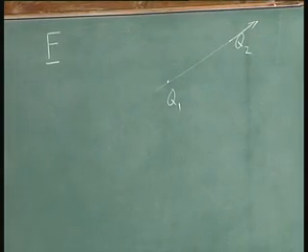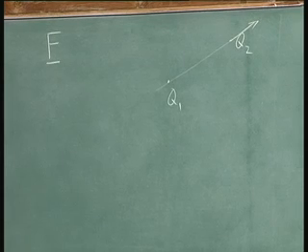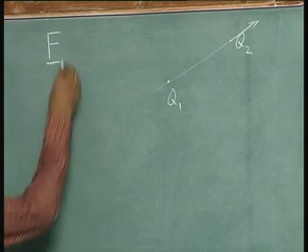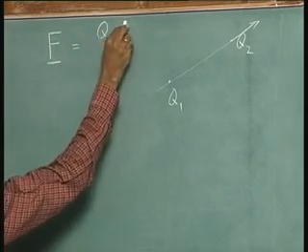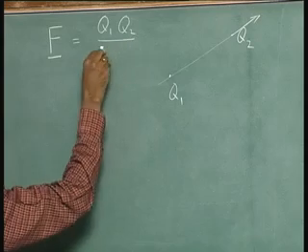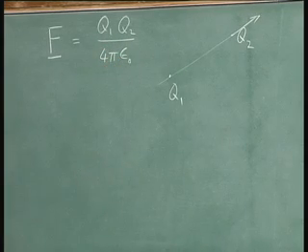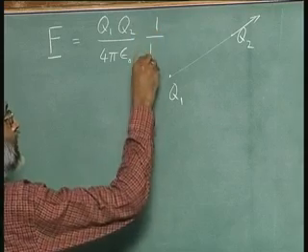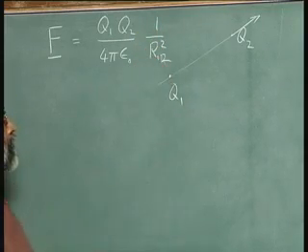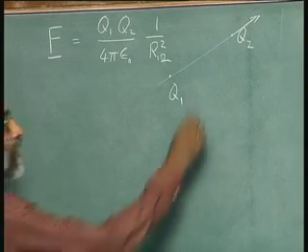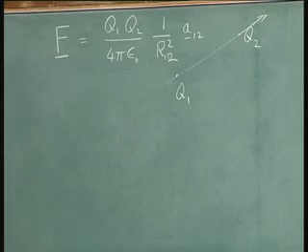The force is along the line joining Q1 and Q2, pointing away from Q1, and it is equal to Q1 Q2 over 4 pi epsilon naught times 1 over R12 squared in this direction, which your textbook calls A12.